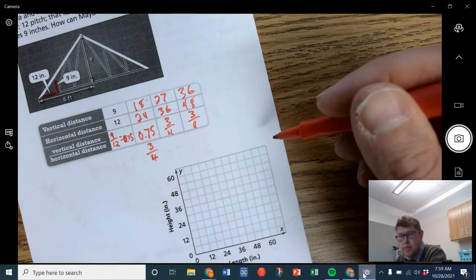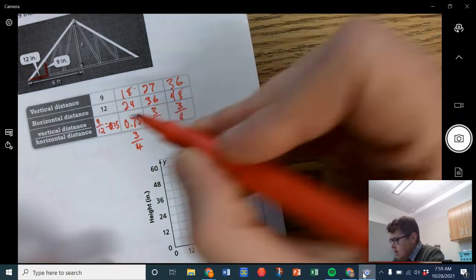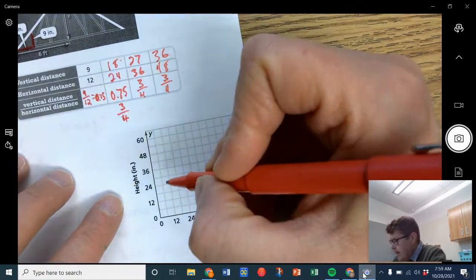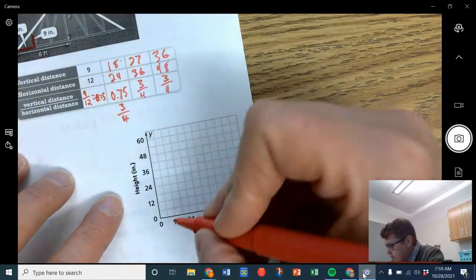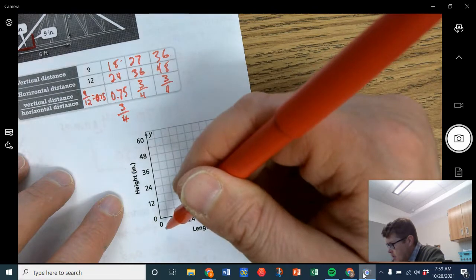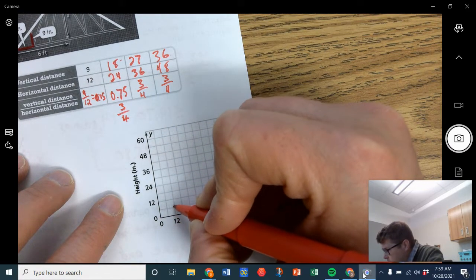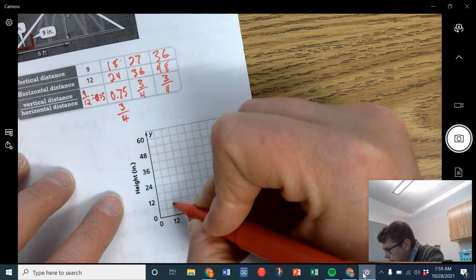Okay, so the idea here is that we're going to graph our points right here, and I have a ruler to make my line a little straighter. If you have a ruler, that'd be good. 9, 12 is 9. This is halfway. Let's see what the horizontal distance is: it's going to be 12, and then 9, which is halfway in between there.